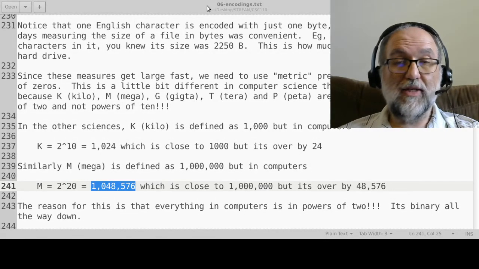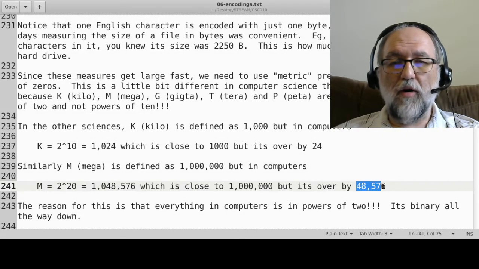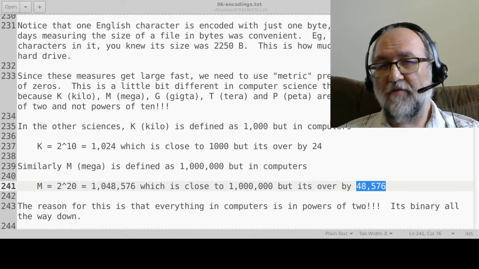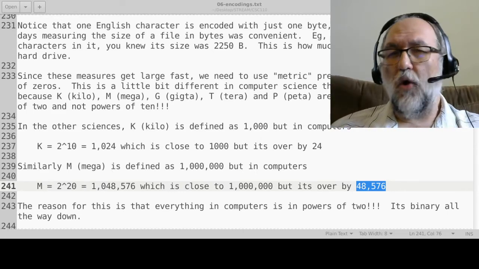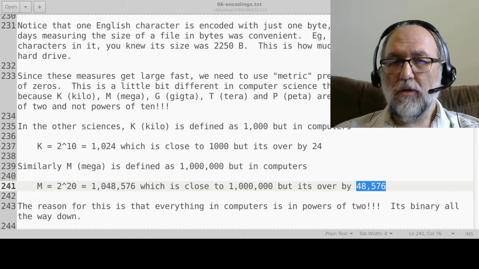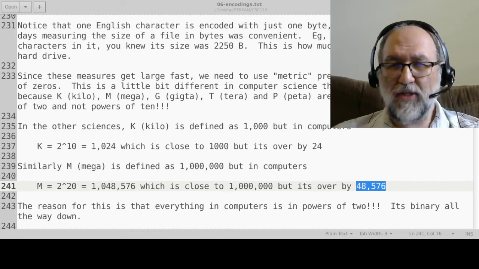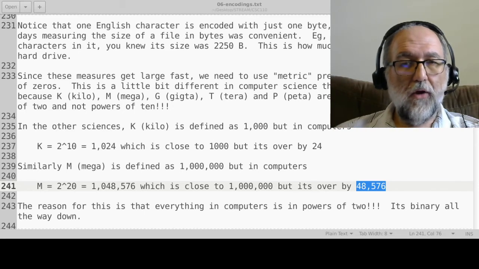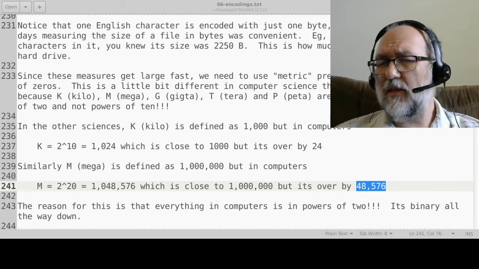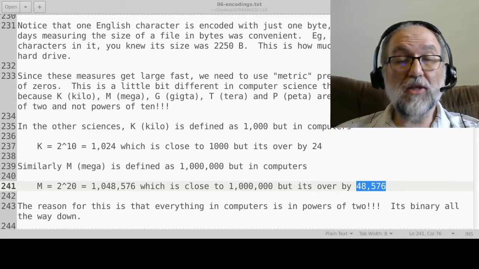There it is. That's what it's actually equal to. So it's 1,000,000, but it is over by 48,576. And you say, well, that's a lot. Yeah, but not compared to 1,000,000. So it's like a 4% error, or actually more like a 5% error. 4.8% error. And so yeah, it is off, but it's close.